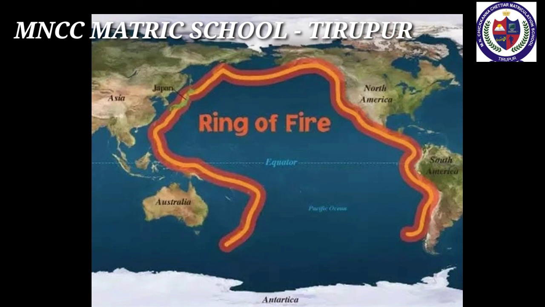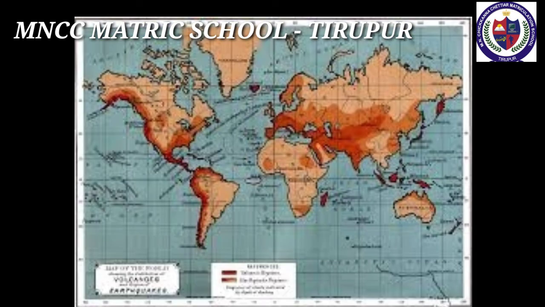Distribution of earthquakes. The most frequent earthquakes occur along the Pacific Ring of Fire. Earthquakes also occur in the Mediterranean Himalayan belt and also in northern Africa and Rift Valley areas of the Red Sea and Dead Sea.